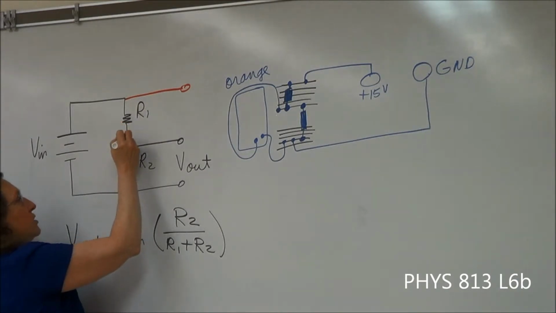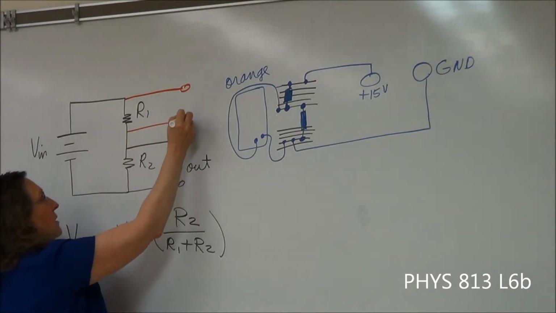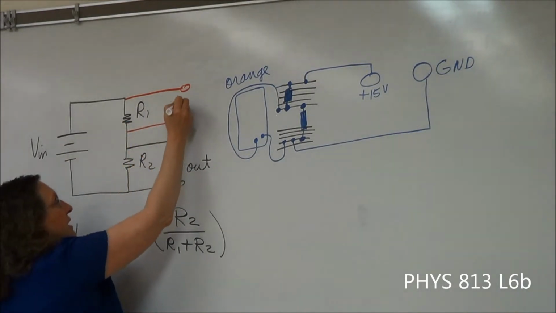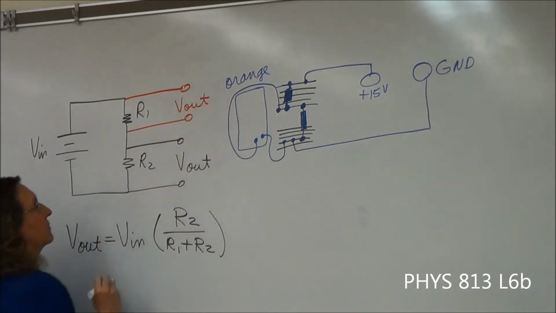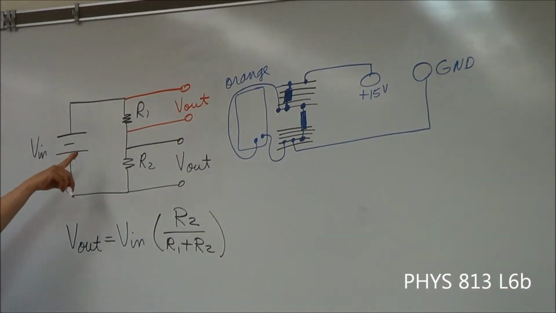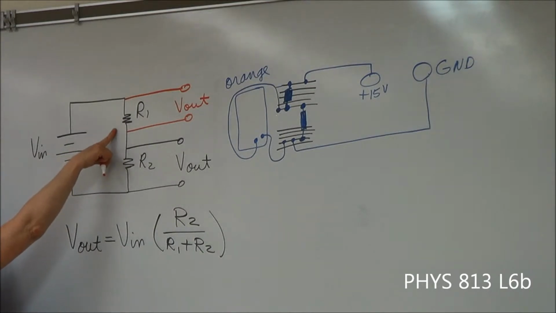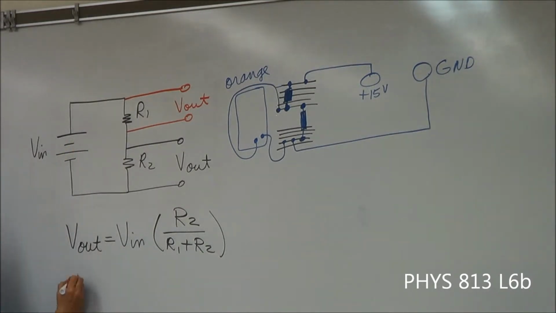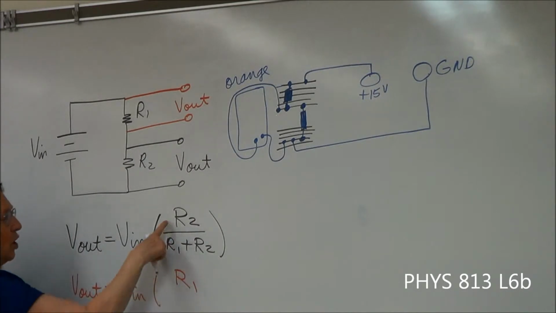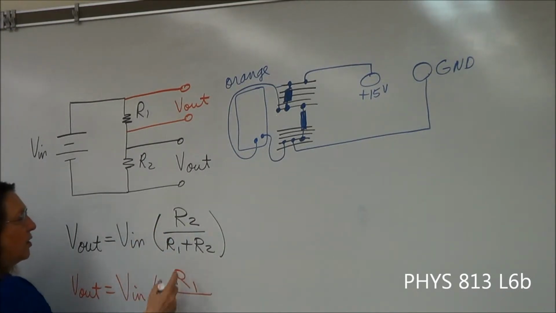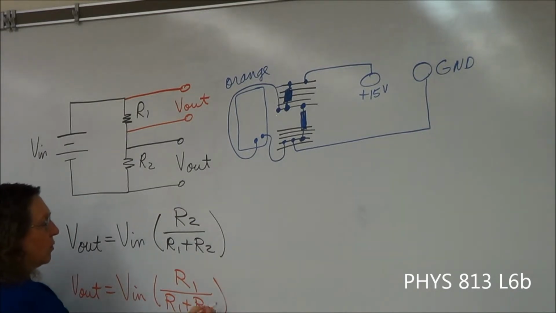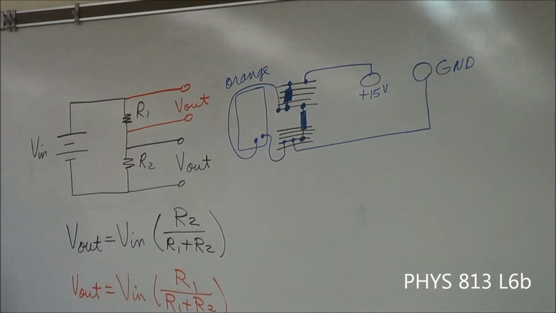So I'm going to label this in red. Now, if you want the voltage across this R, then that V out is going to be V in, same V in. Then instead of R2 in the numerator, you'll have R1 in the numerator. The denominator will still be R1 plus R2.